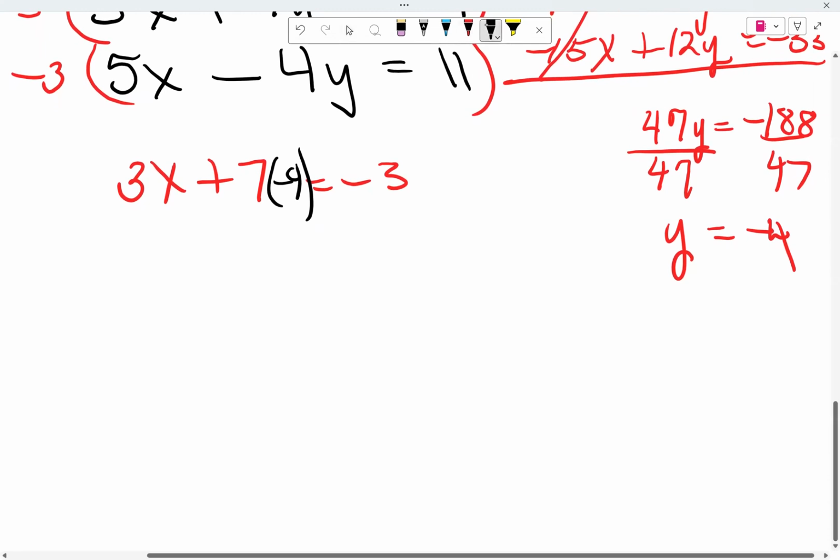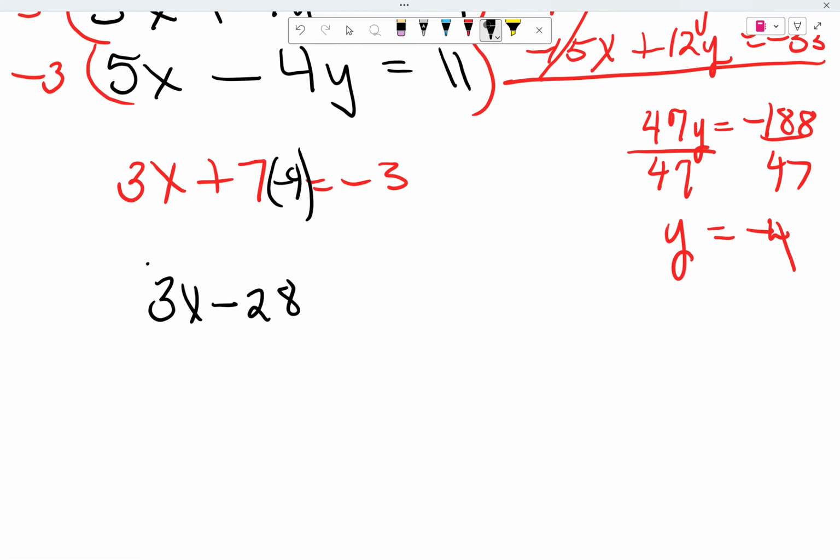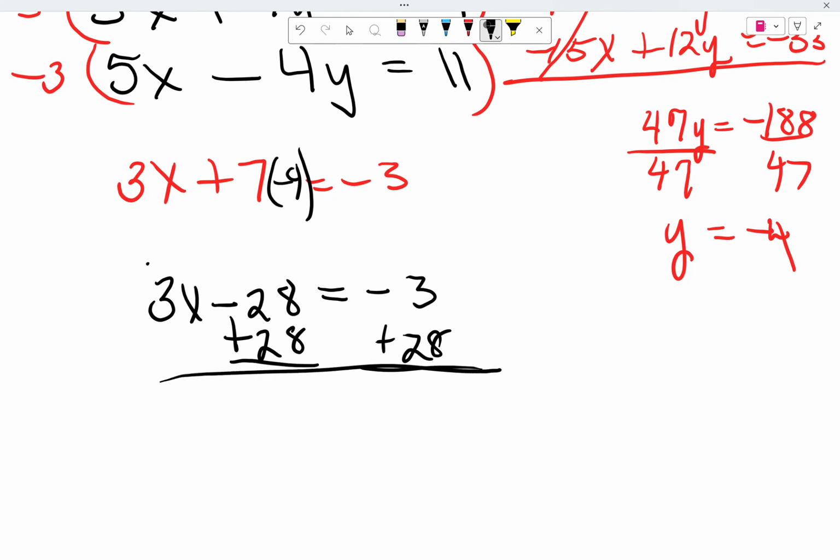So now I have basically 3x minus 28 is equal to negative 3. If I add 28 to both sides, I'm left with 3x is equal to, I think I have a boo-boo.